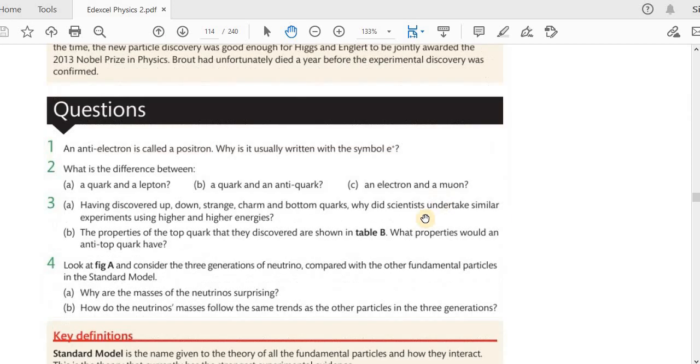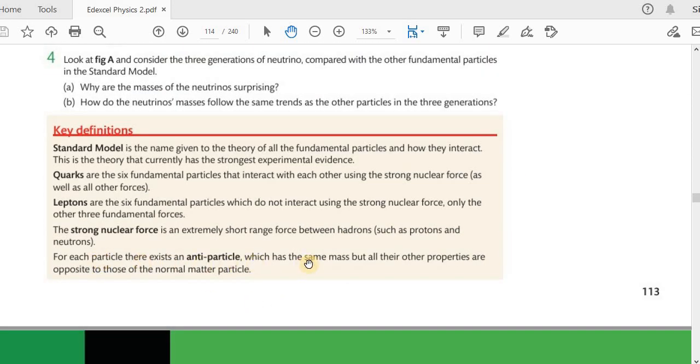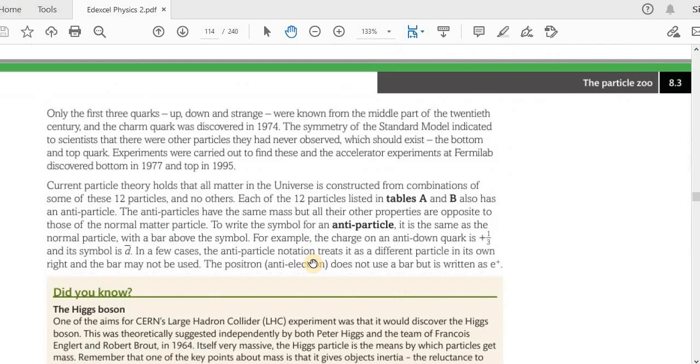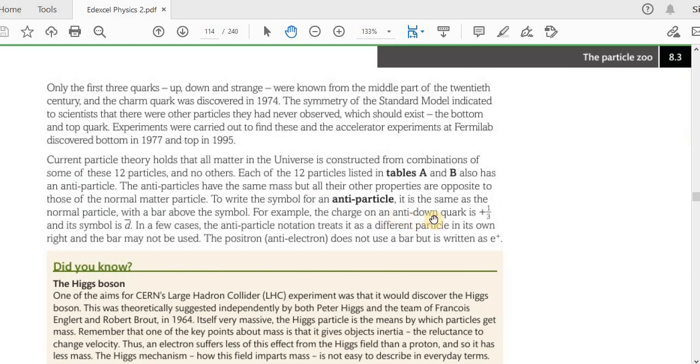So again over here you can see, for each particle there exists an antiparticle which has the same mass, but all the other properties are opposite. We don't use the word different, we use the word opposite to those of the normal matter particle. So over here, the down quark has charge minus 1 over 3, so since it's an anti-down quark, the charge is plus 1 over 3.